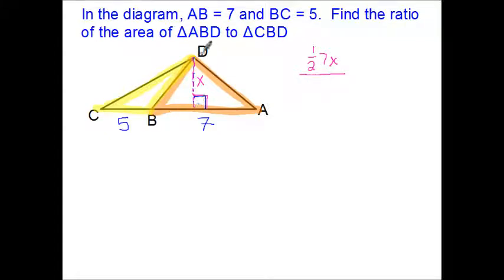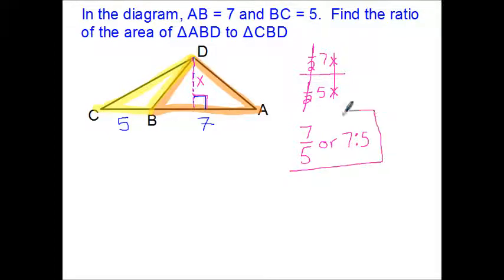The area of the second triangle, outlined here in yellow, is 1/2 of 5 times x. Those 1/2s cancel out, and those x's cancel out, and the ratio of my sides becomes the ratio of my areas, since we have the exact same height. So we have 7 to 5, or 7/5. Either way you want to write it is good with me.